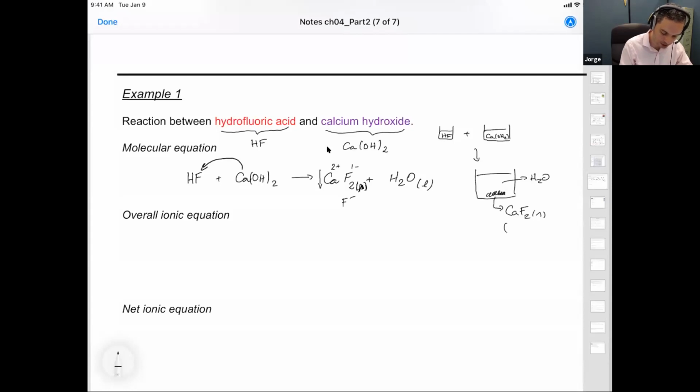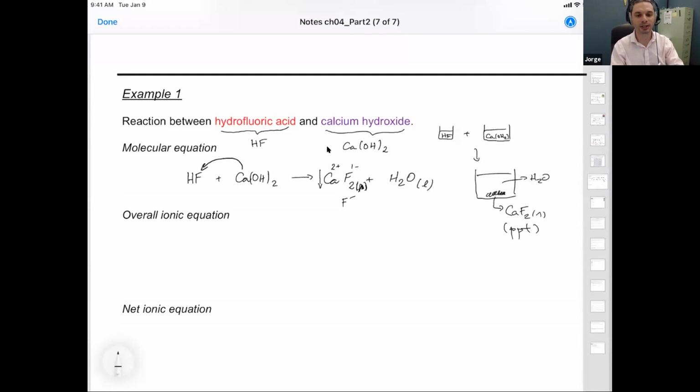And the solid here we can call precipitate or simply PPT. And that's how you read and use the table, okay? Every time you form a precipitate, that means the interaction between cation and anion will not be broken by the water.